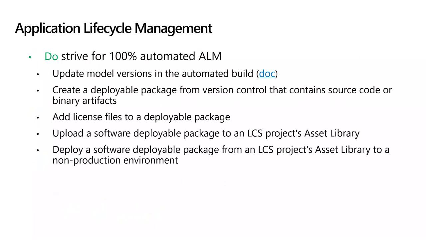Do strive for 100% automated ALM. We've come a long ways in this aspect, and there are automated steps in DevOps to update the model versions, to create a deployable package, to add a license file to a deployable package, to upload the deployable package to an asset library, and to deploy the deployable package to non-production environments.